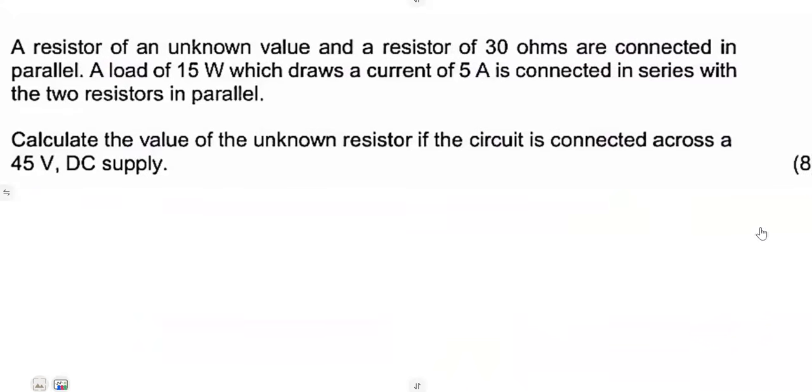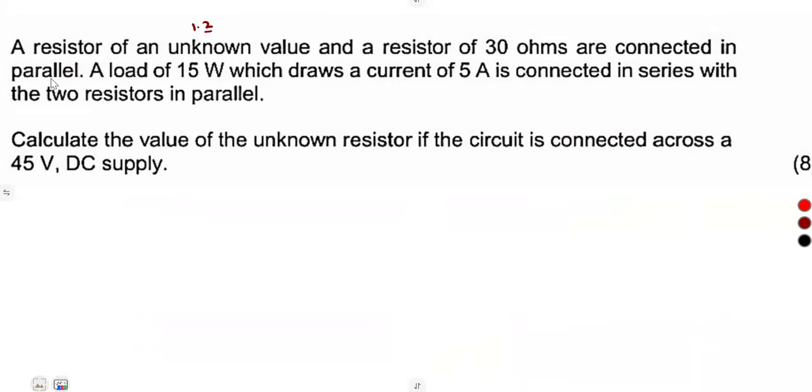This was 1.2 of your question, where we are given a resistor of an unknown value and a resistor of 30 ohms connected in parallel.